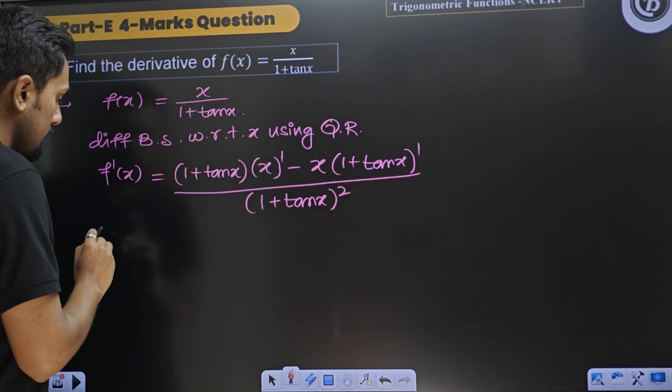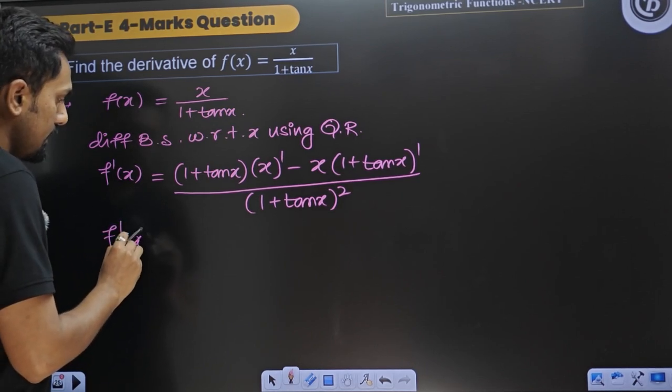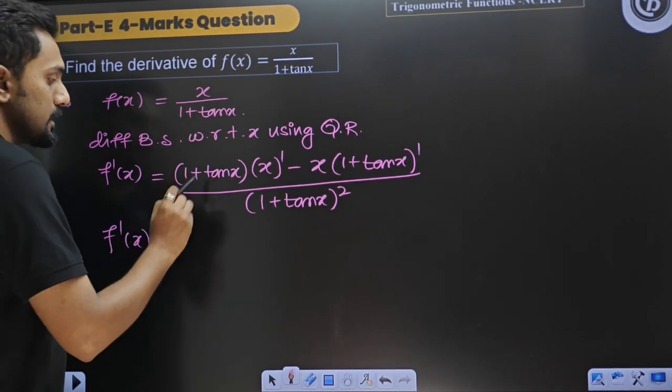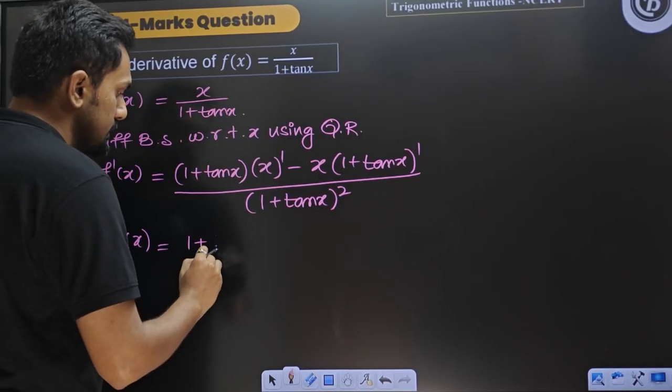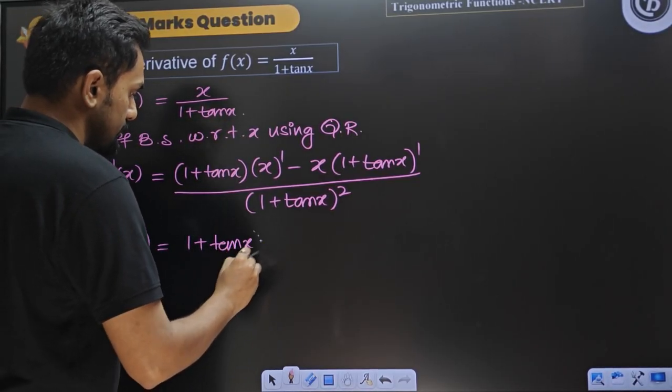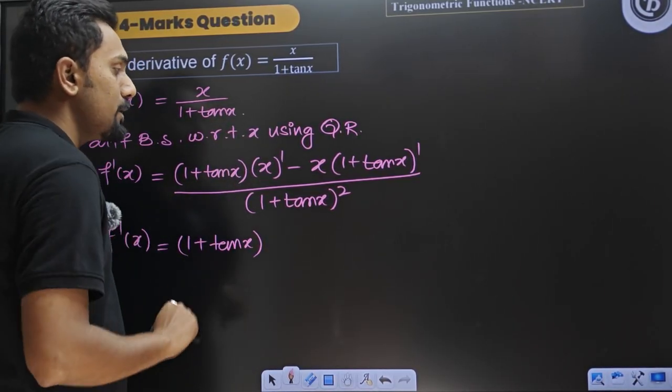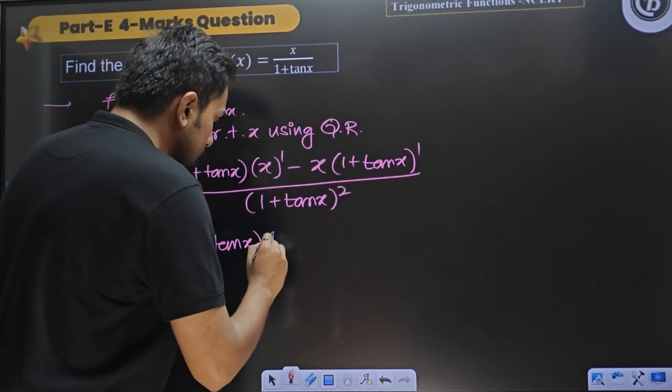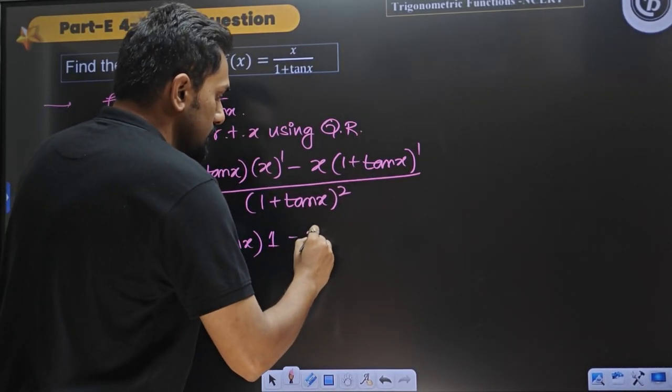Okay, after applying the rule, differentiate. 1 plus tan x, keep it as it is, 1 plus tan x. And what is the derivative of x with respect to x? That is nothing but 1, minus x as it is.